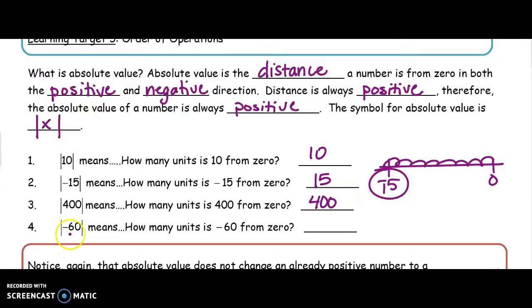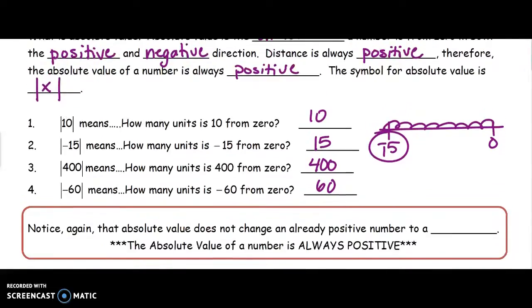And negative 60, again, we would move in the negative direction, but it's going to be a positive value of 60. So notice again, absolute value does not change the already positive number to a negative. The absolute value number is always, always, always positive.